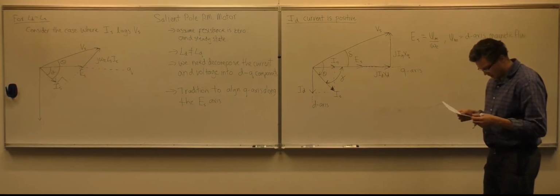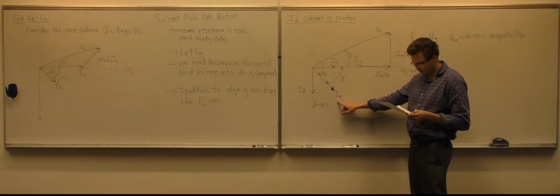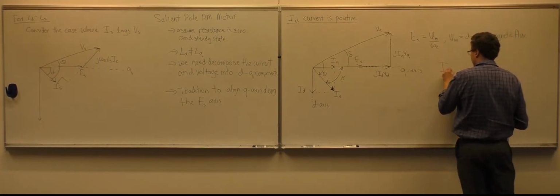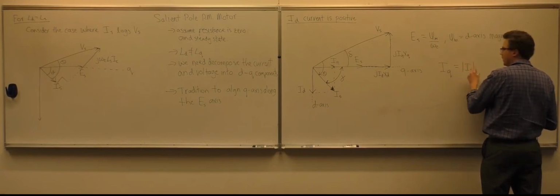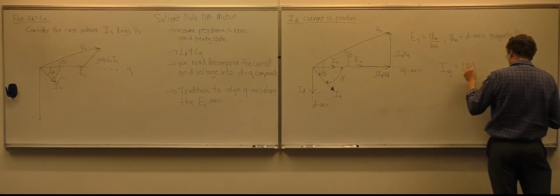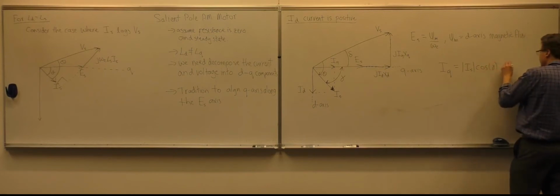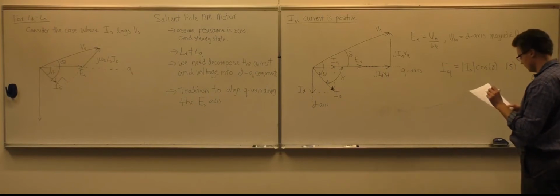Okay, so we can see that ID and IQ: IQ is equal to the magnitude of IS times cosine gamma, and I'll call that equation 5.